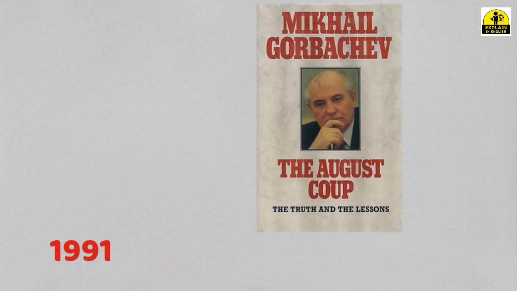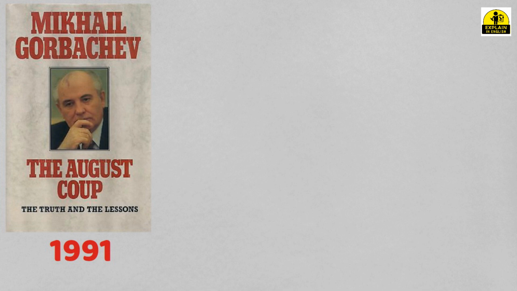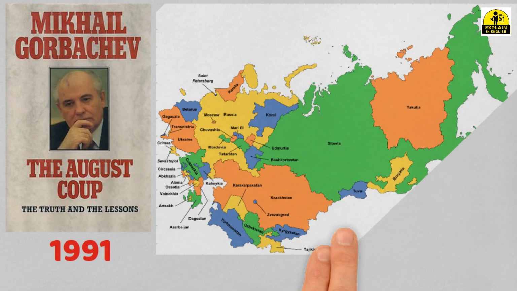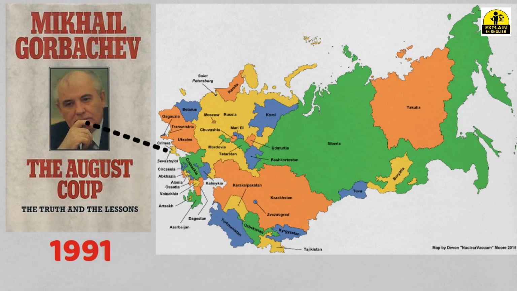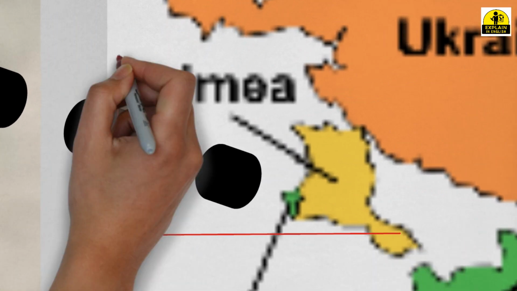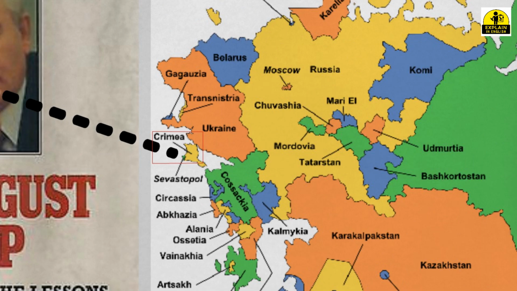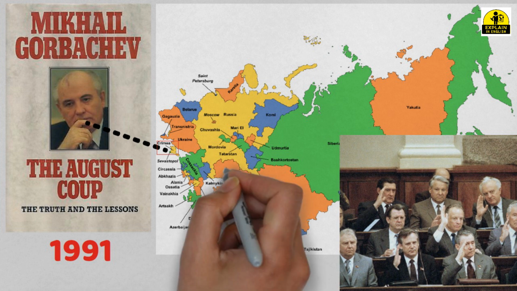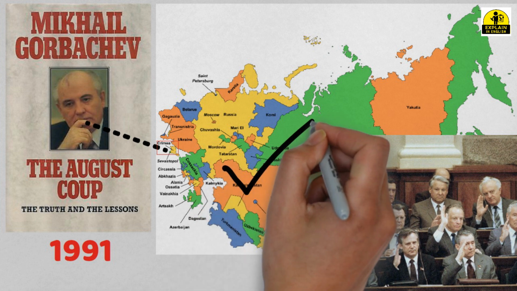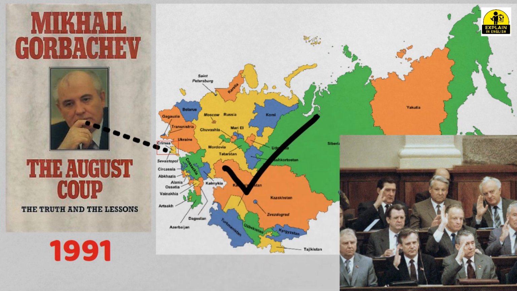During this period, in the month of August 1991, a historic event took place, which is called the August coup. The power of the USSR was in the hands of Mikhail Gorbachev. In the month of August 1991, Mikhail Gorbachev went to Crimea. And the remaining leaders of the Communist Party of the USSR were against the idea of freeing the republics and wanted the USSR not to be disintegrated and kept as it is.